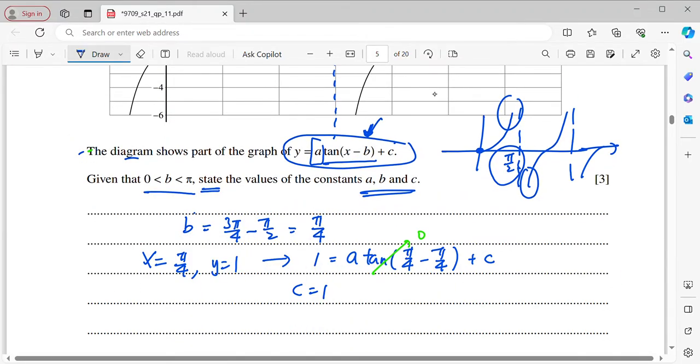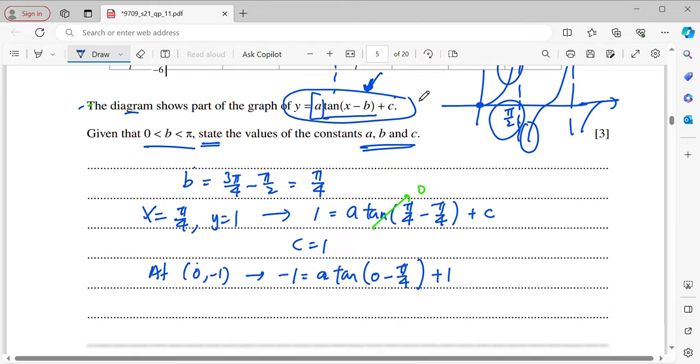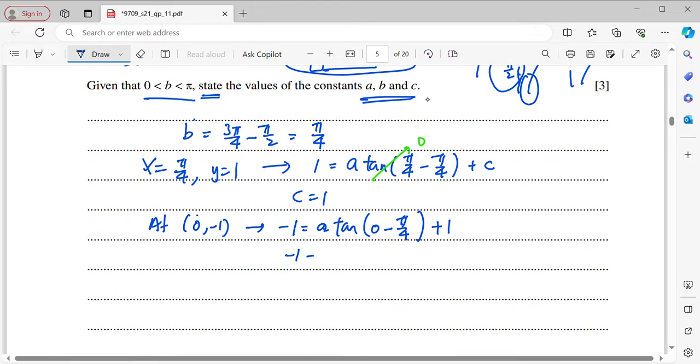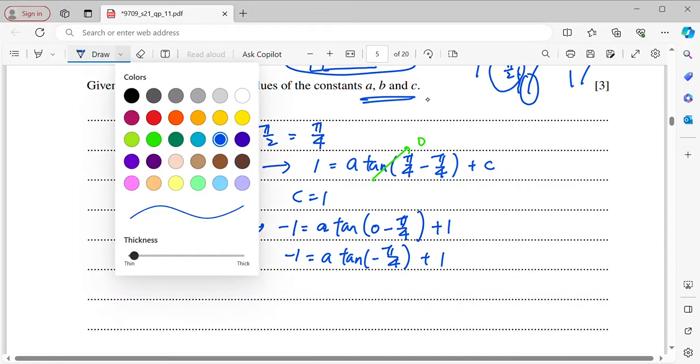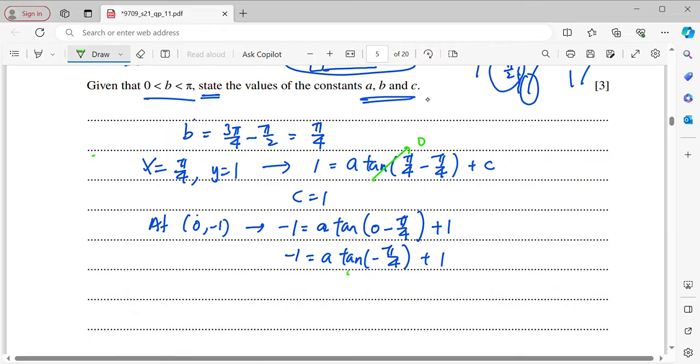So minus 1 equals a, which is unknown, tangent of x, which is 0, minus b, which is pi over 4, and then c is plus 1. From here, minus 1 equals a tangent of negative pi over 4 plus 1. Tangent of negative pi over 4 is minus 1.